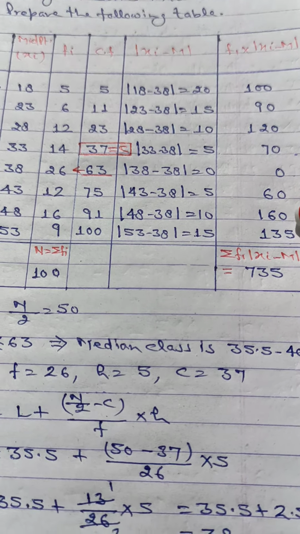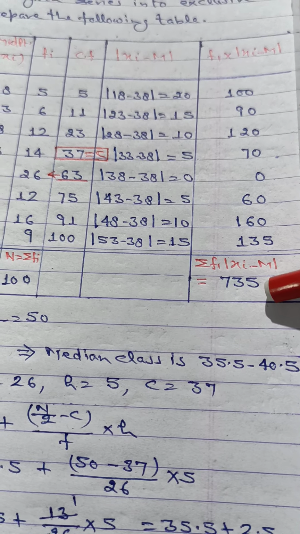If we add these, we get sigma fi mod xi minus M, that is 735.